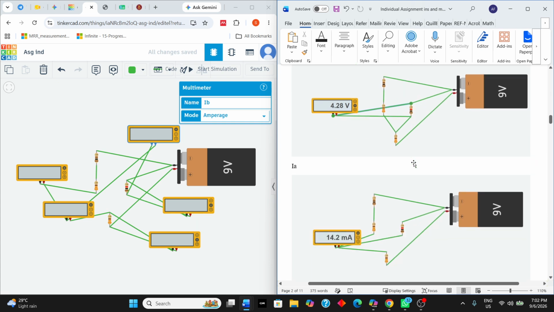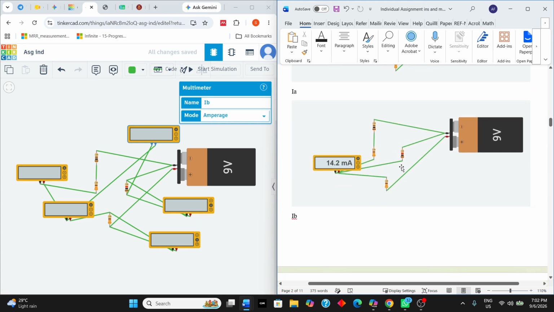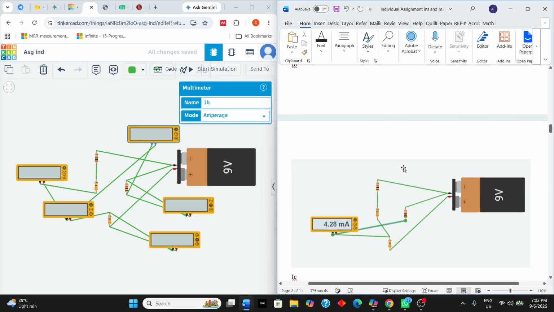So we have 4.28. The current A is the total current of the circuit. To find the total current, we put one end of the multimeter on the 1k resistor and the other on the 330 ohm resistor. So we have a total current of around 14.2 milliamperes.